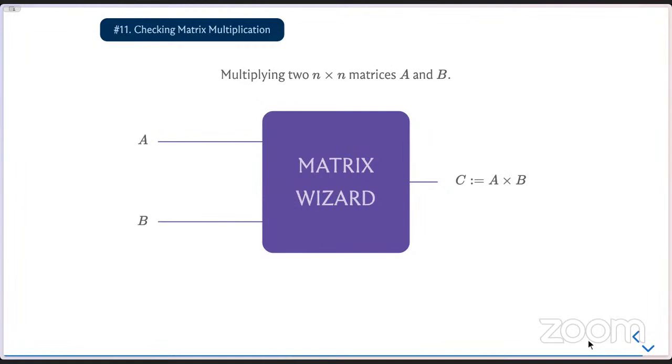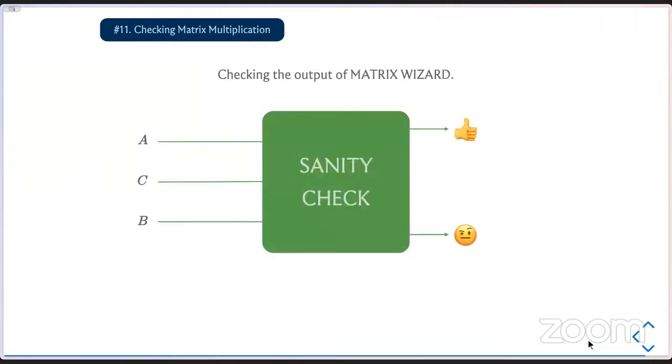So we want to quickly check if this algorithm is reliable, whether it works correctly or not. So we want to avoid multiplying the 2 matrices. So without multiplying A and B ourselves, can we check if the output of the matrix wizard is all right? Yeah, that's the question. Is the question clear? Awesome. So this is our goal.